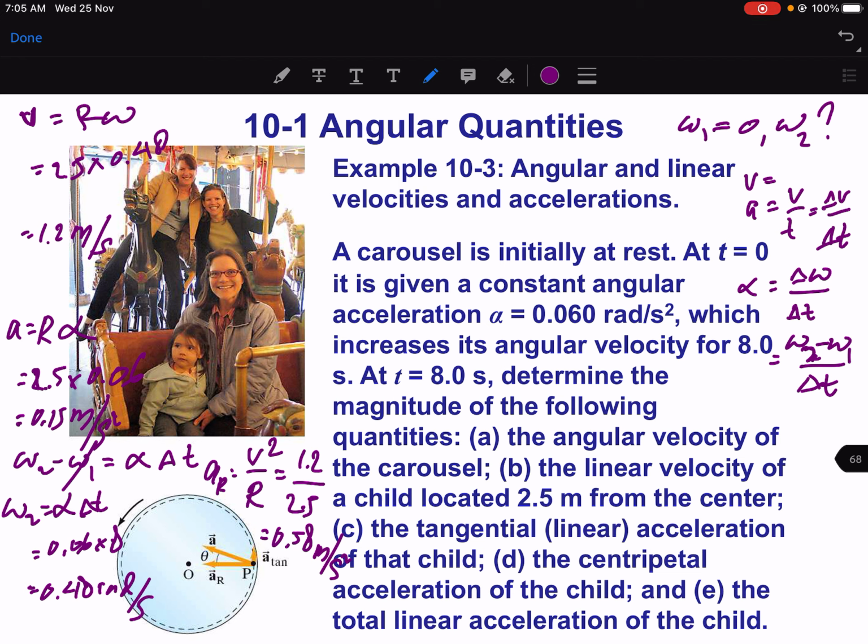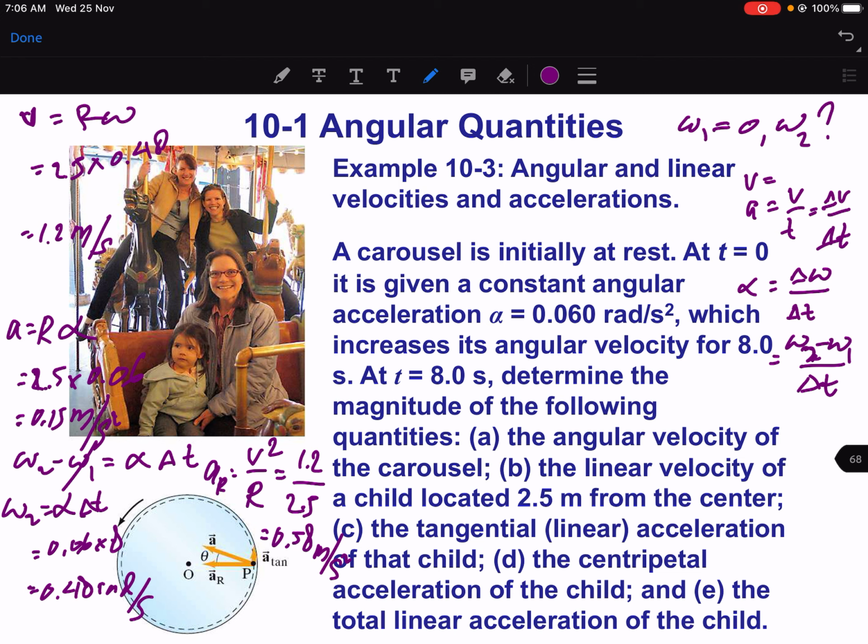Okay. E, total linear acceleration of the child. So we have the linear tangential, and just now we have centripetal acceleration. So by using Pythagoras' law, you will get total linear acceleration.